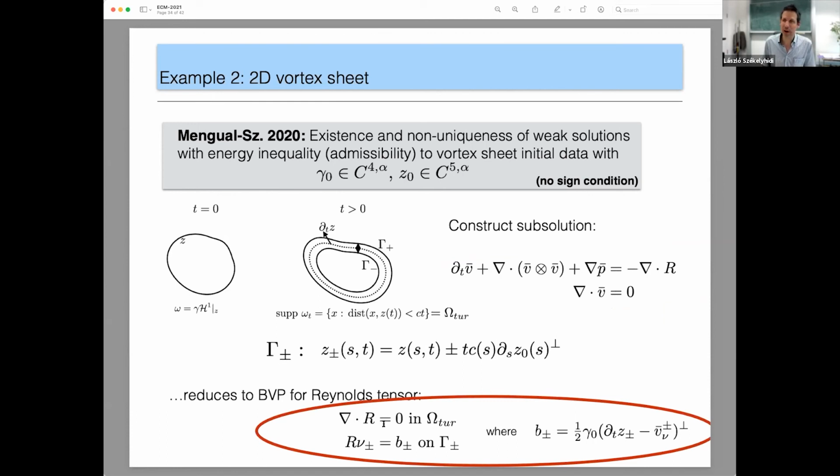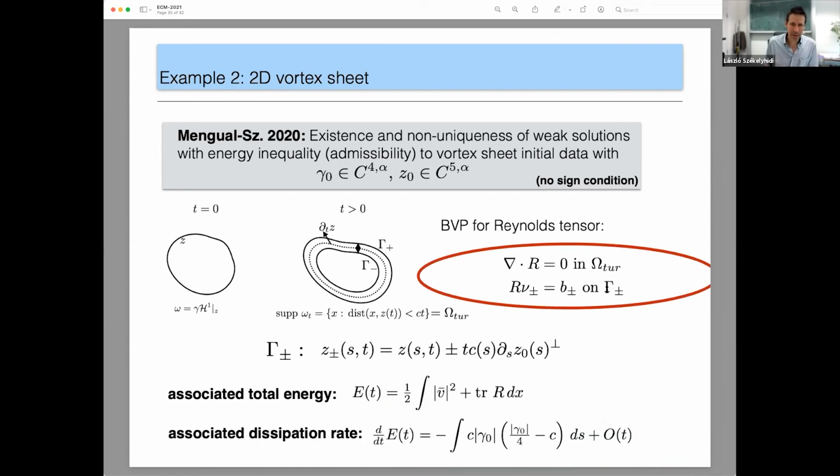So it's divergence of R equal to 0, and the normal components have to equal something on the two curves, where this something is given by the time derivative of the mid curve and the normal component of the velocity. So observe, if you are familiar with the Birkhoff-Rott equation, if R is equal to 0 and gamma plus is equal to gamma minus, then this expression is 0, and this is precisely the standard way to derive the Birkhoff-Rott equation. Okay, so this is a sort of relaxation of it.